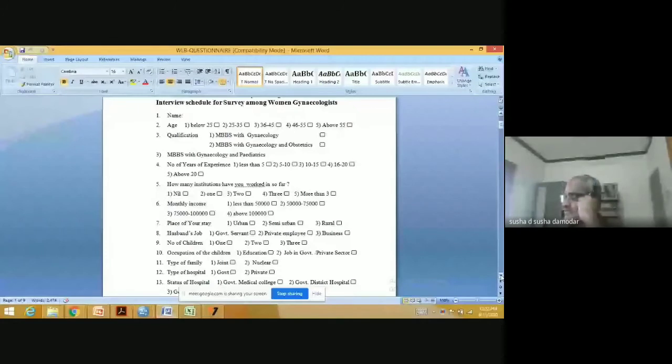Interview schedule for survey among women gynecologists. Question number 2, age, qualification. Question number 4, number of years of service. How many institutions have you worked in so far? Question number 5. All these questions are in nominal scale.